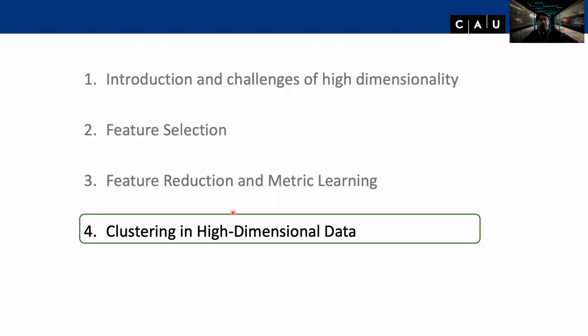Then we moved into this part of clustering in high-dimensional data, and for that we got introduced to what the challenges are, why we should bother at all with clustering in high-dimensional data. And here we got so far the subspace clustering or axis parallel subspace clustering, projected clustering, and bi-clustering, so that we get roughly the picture of where we are currently in this context.